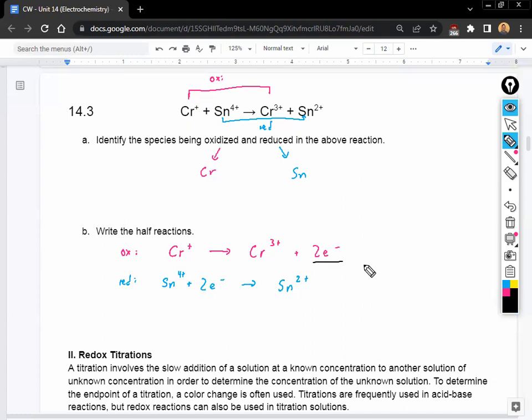The electrons are on the right side because it gives it up, it breaks up, and then in reduction they get together. So the electrons are on the left side. Okay. All right, any questions? Hopefully that's not too bad, because we're going to have to get a bit more comfortable with these.